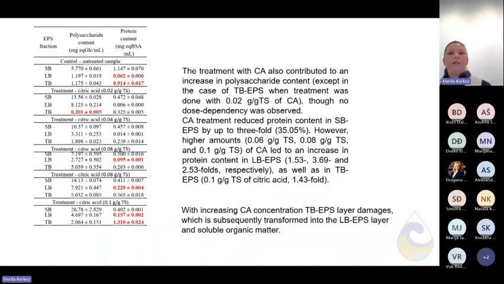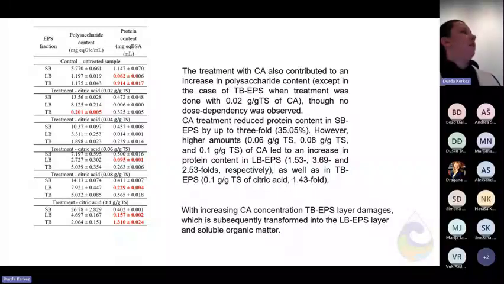Concerning the treatment with citric acid, this treatment also contributed to the increase in polysaccharide content. Also, there is some exception, as you can see. Citric acid treatment reduced protein content in soluble bound EPS. However, at higher concentration of citric acid, we have an increase in protein content in loosely bound EPS as well as in tightly bound EPS.